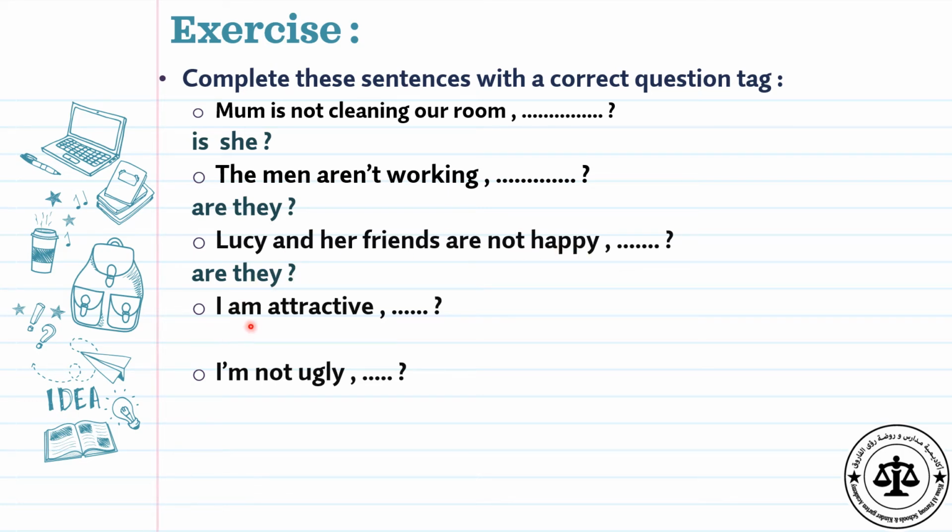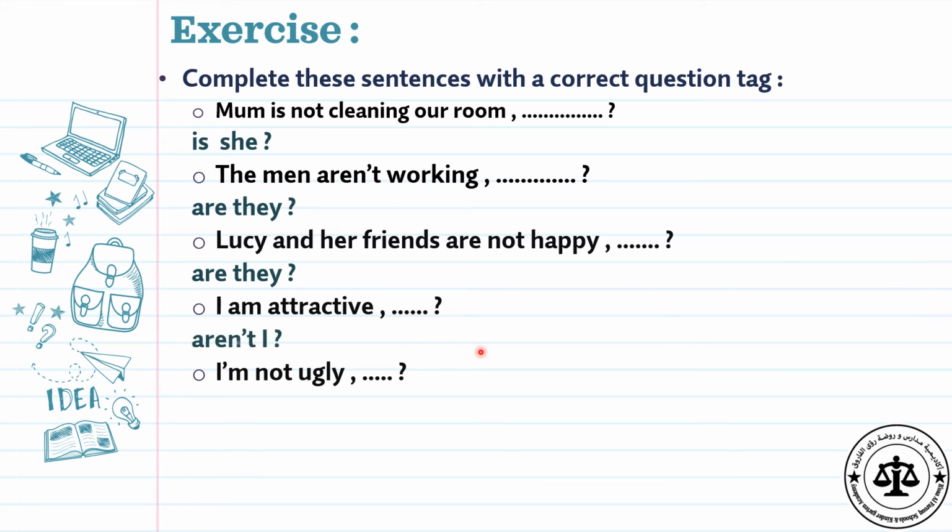Look at this sentence. I am attractive. It started with I and we have here am. This is positive sentence. So, the question tag should be what?